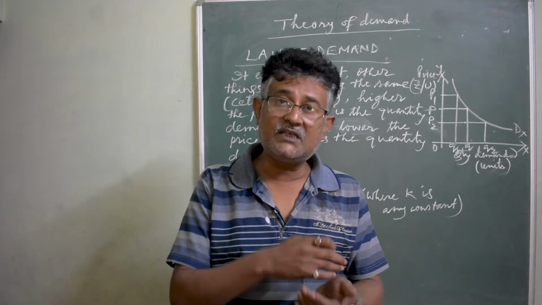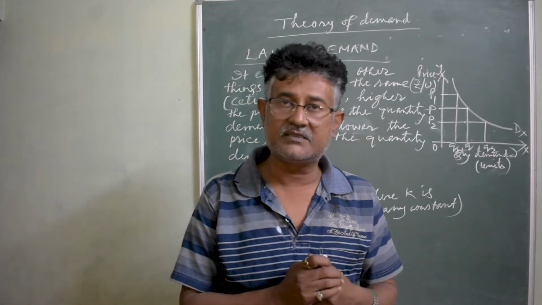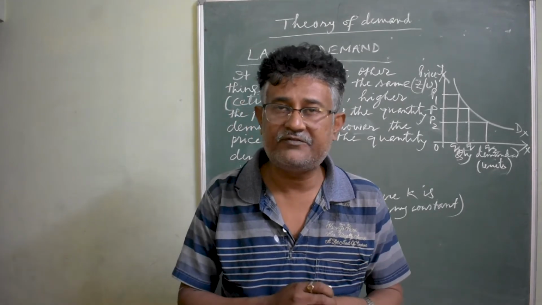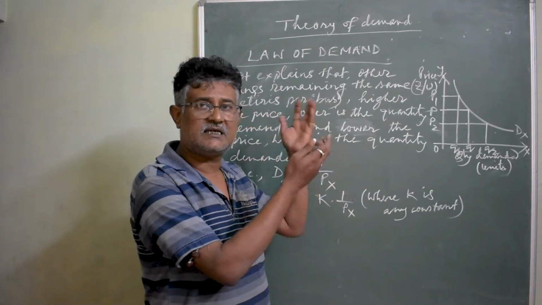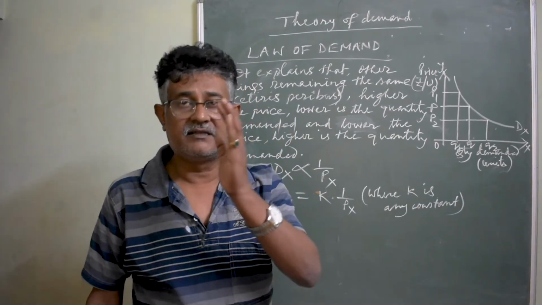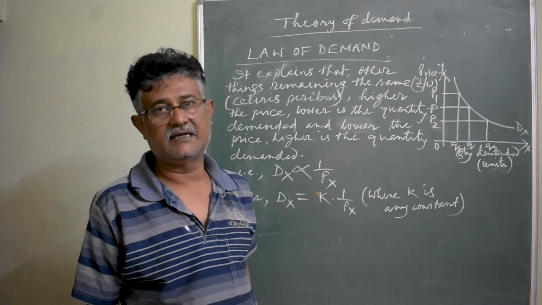On the other hand, if the price of the commodity increases and the income of the household falls, in that case the demand for the commodity may significantly fall. So that is why, in order to establish the relationship between the two, we have to consider the factors other than the price of the commodity as constant.